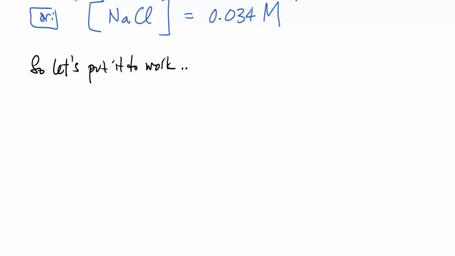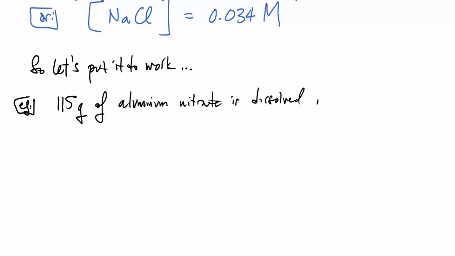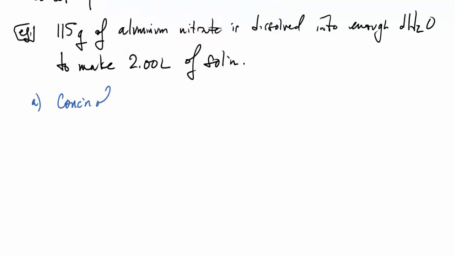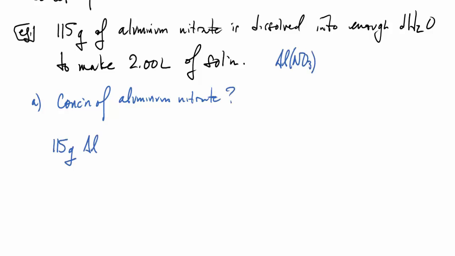Anyway, let's put this all to work and see what we can do with another solution. Here's 115 grams of aluminum nitrate, and we'll just dissolve that into enough distilled water, remember DH2O is distilled water, to make 2 liters of solution. So the first question we have would be, of course, what is the concentration of the aluminum nitrate solution? Well, we have 115 grams of aluminum nitrate. Let's work out the molar mass.